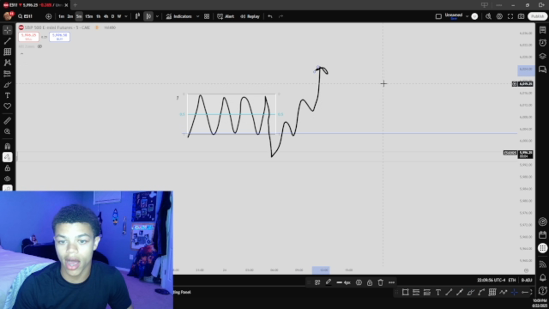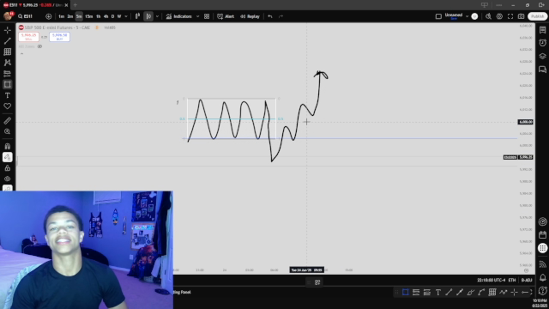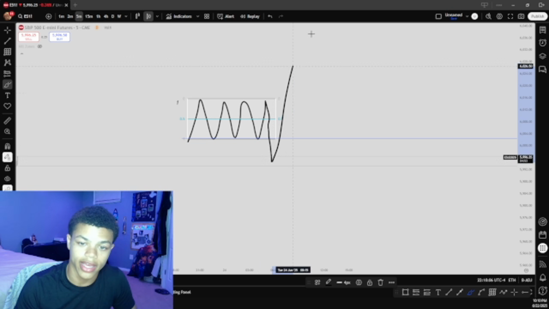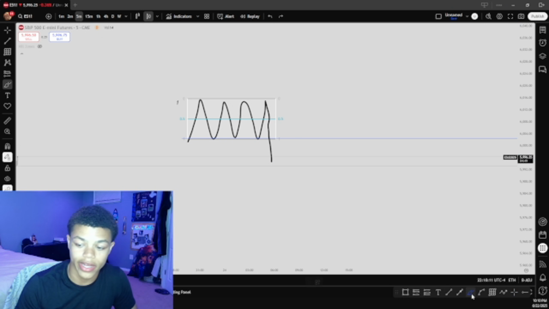Our move coming higher. So with distribution, usually it's not going to look like this. It's not going to look like a straight line just higher like that. In very little cases it may, but almost 99% of the time, it's going to look like this.